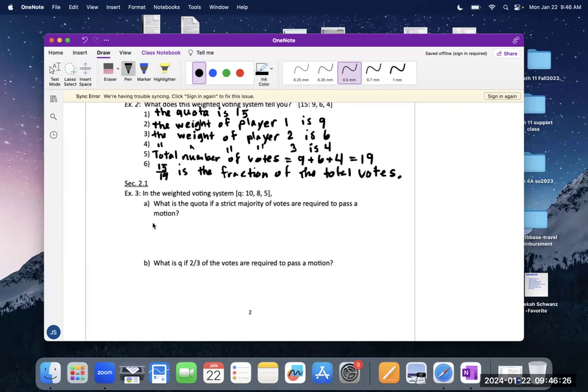So first we have to figure out what is half of the total votes. And once we find half, we're going to add 1 to that, so the majority is more than half. So I find the total votes.